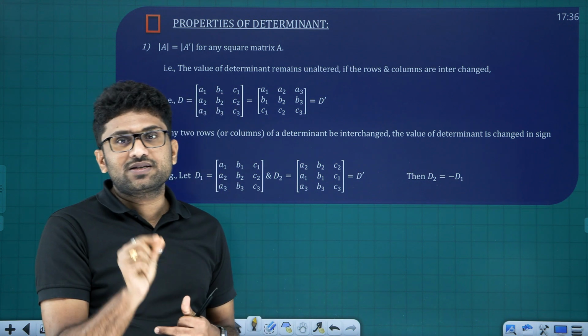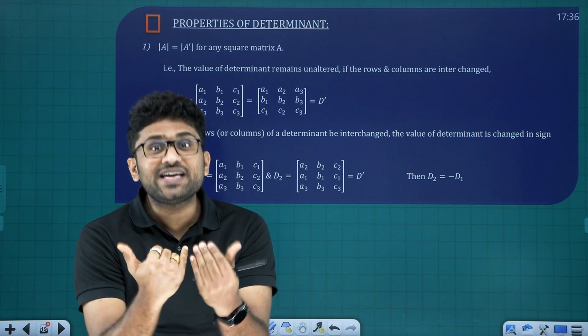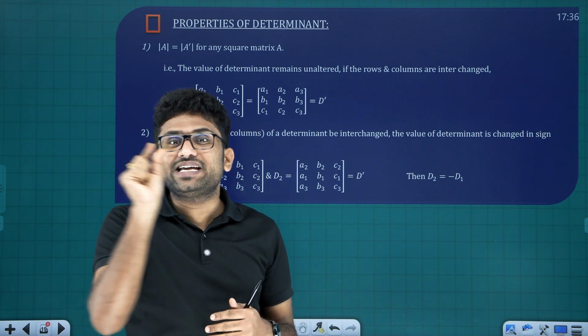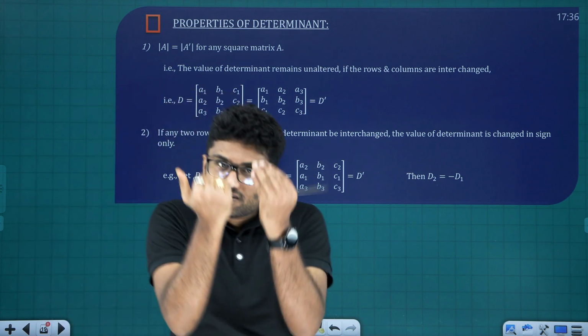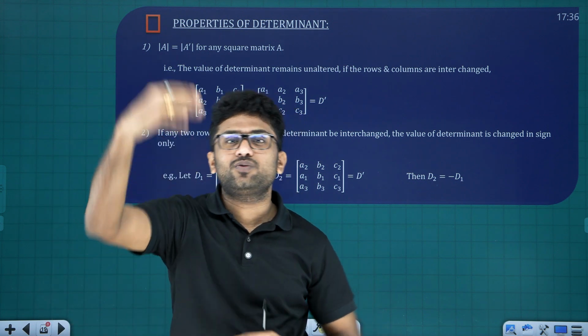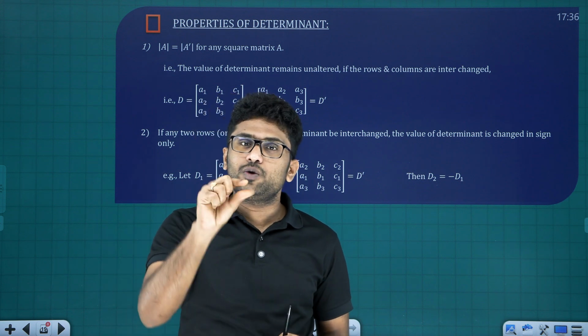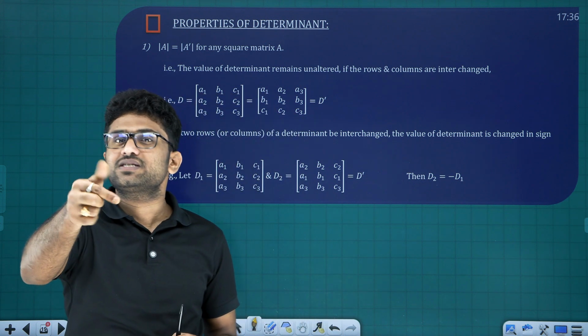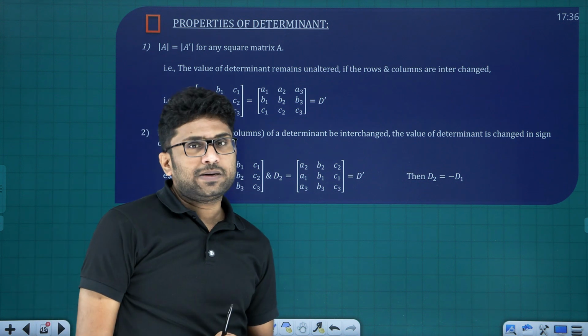So in all those cases, we use the properties of determinant for simplifying the entries only. These properties will make the entries very simple, and then at one particular moment, if we can expand the determinant, we will get it in just 1 or 2 steps itself. Now we have 10 plus properties.